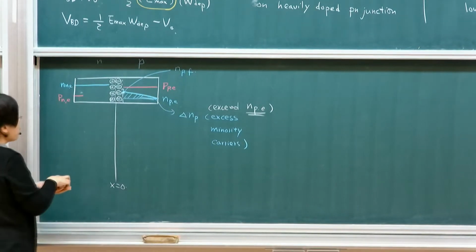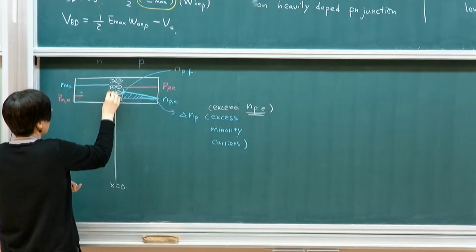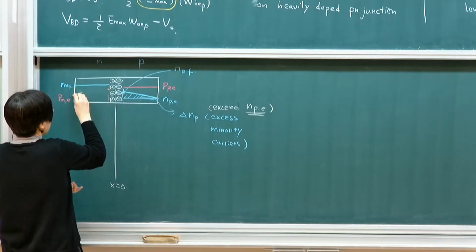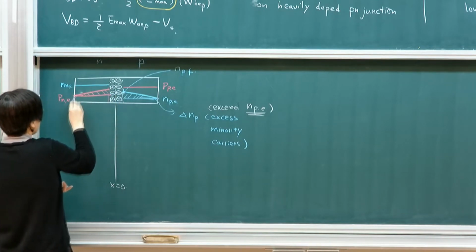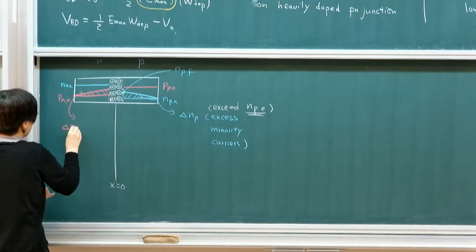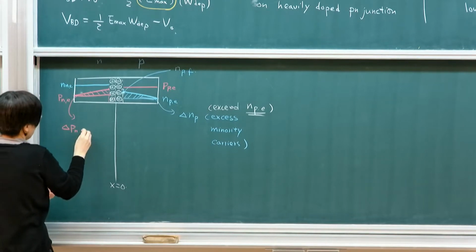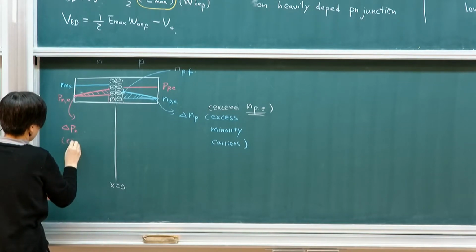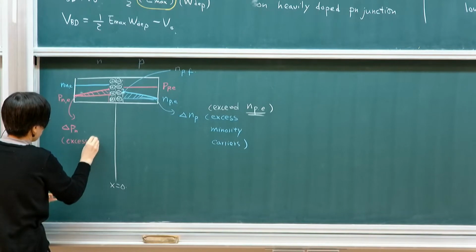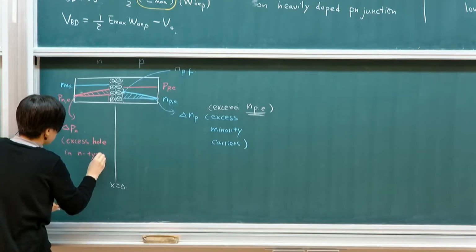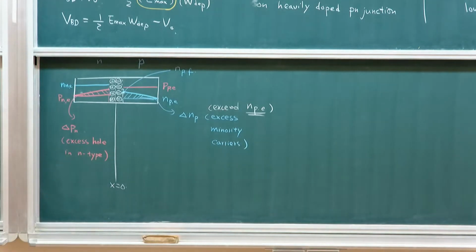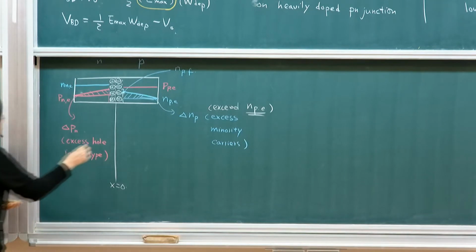This will happen on the P side as well, for holes. It would rise a little bit higher, and you would then have these excess holes, delta PN, excess holes in N-type. It's a minority carrier. So there are excess holes on the N side.